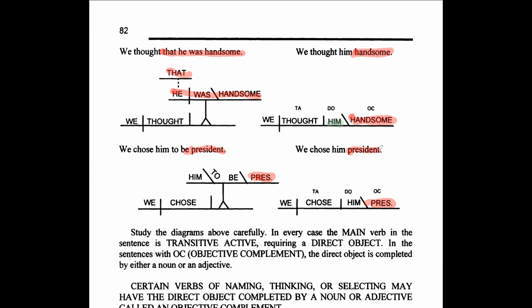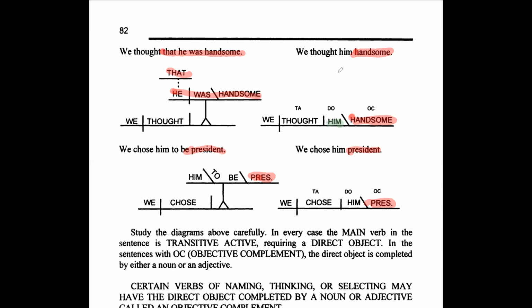In every case, the main verb in the sentence is transitive active, requiring a direct object. In the sentences with OC, objective complement, the direct object is completed by either a noun or an adjective. So when we say we thought him, what did you think him? We chose him, what did you choose him? Right? We chose him president. We thought him handsome, and so on.